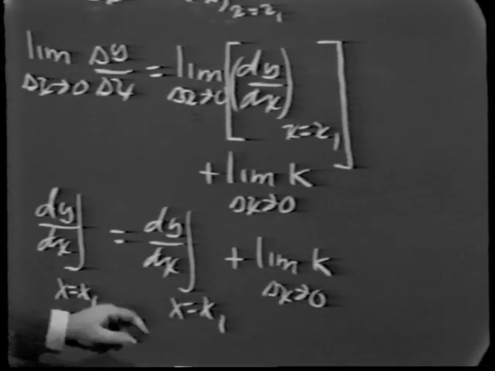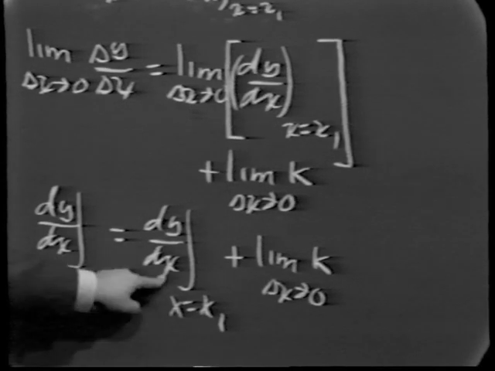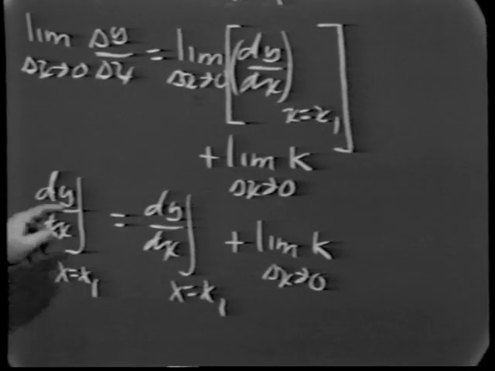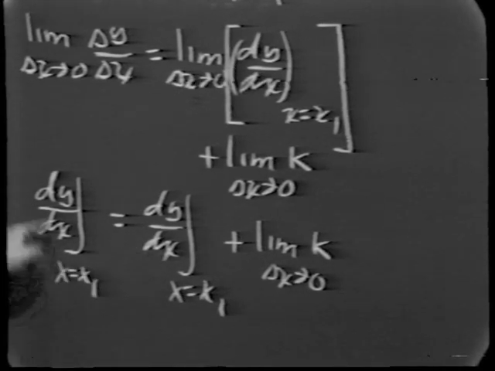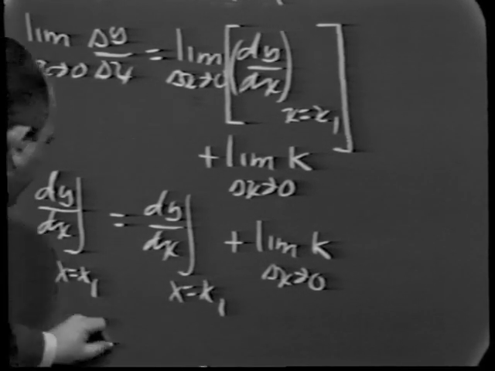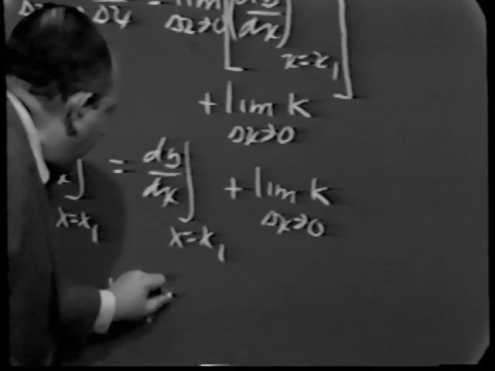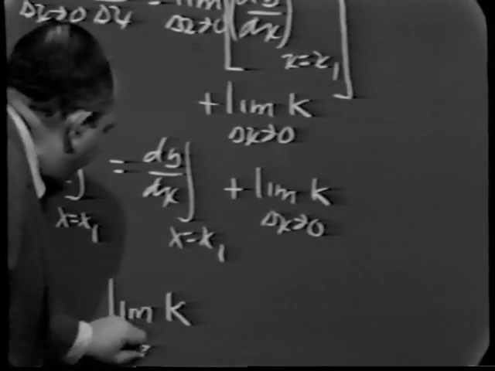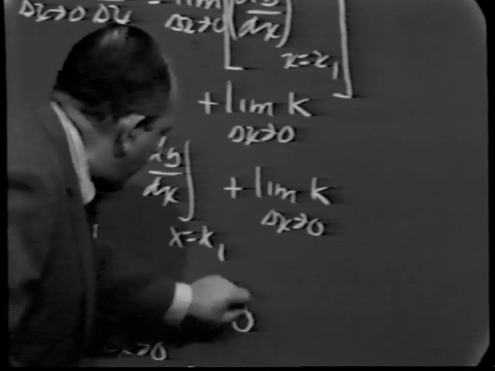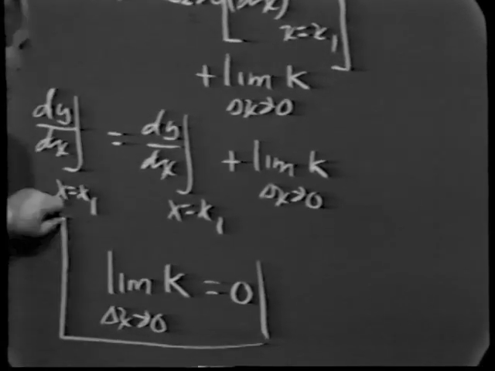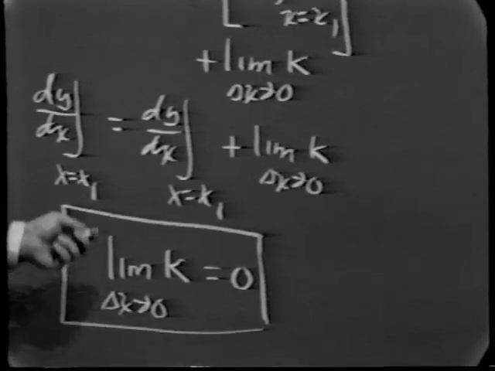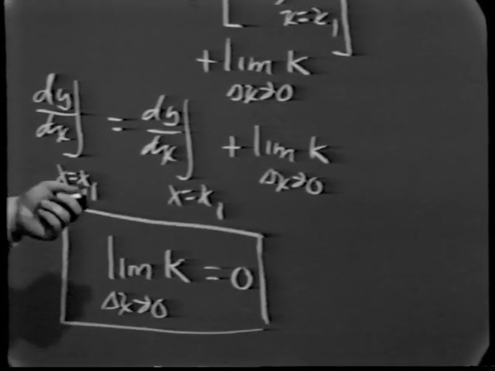And now you see, if we look at this, all we have to do is observe that this term appears on both sides of the equation, canceling or subtracting equals from equals, we wind up with the result that the limit of k as delta x approaches 0 is 0. And we're going to talk more about that pictorially and analytically in a little while.